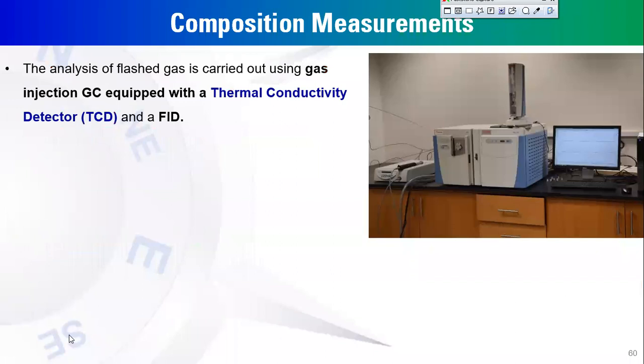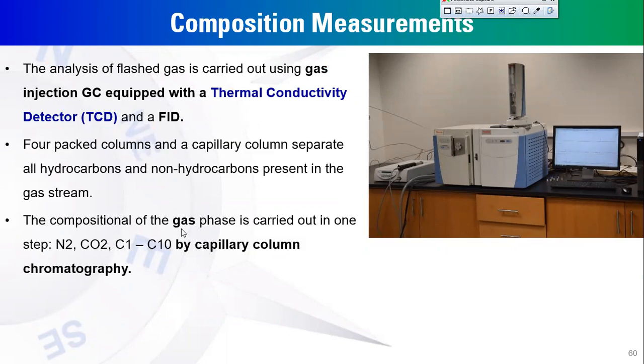For the flashed gas, we additionally have a thermal conductivity detector in addition to the FID, the flame ionization detector. The gas composition is entirely carried out using the capillary column chromatograph apparatus.